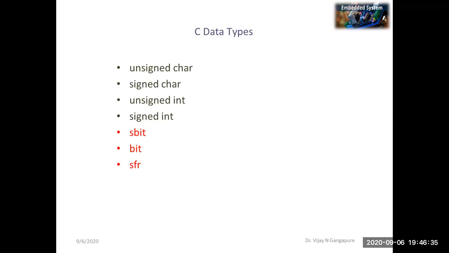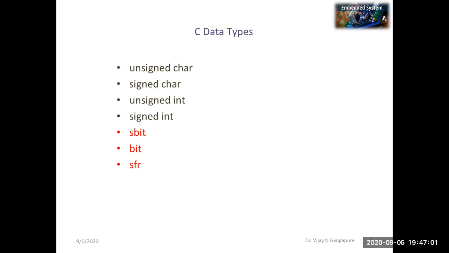So the data types which are of use while programming embedded systems based on 8051 microcontroller in C are listed here. First one is unsigned char, second is signed char, third one is unsigned int, fourth one is signed int. So these first four data types you have already studied.